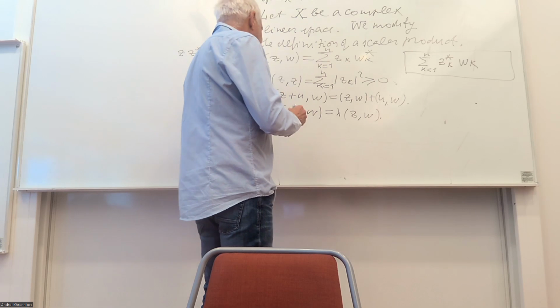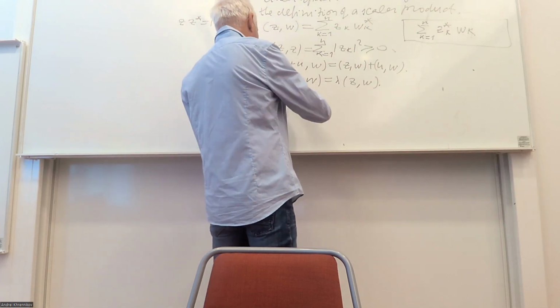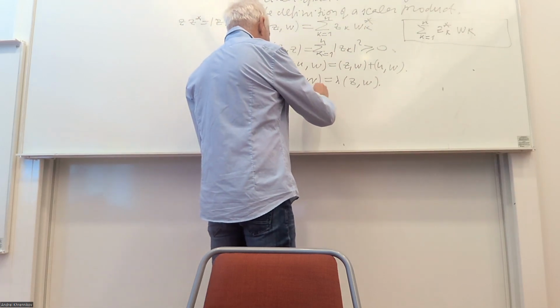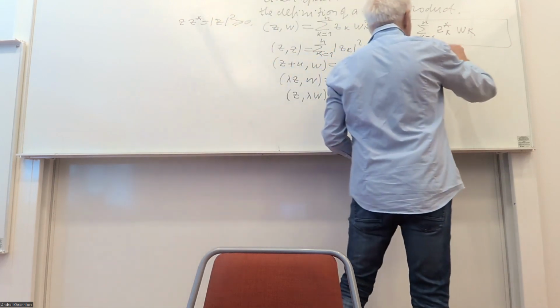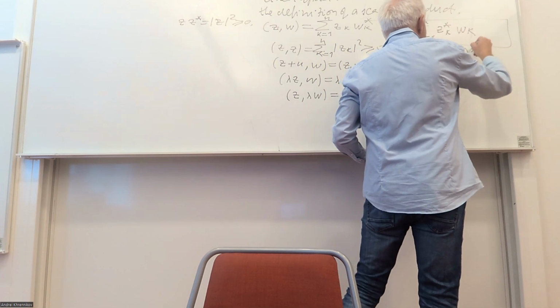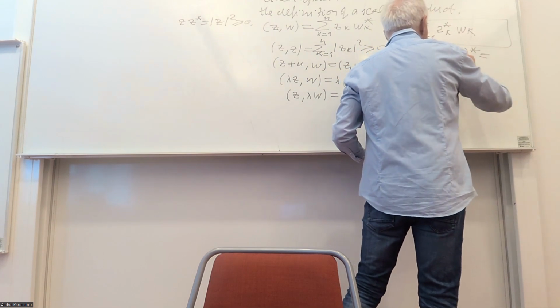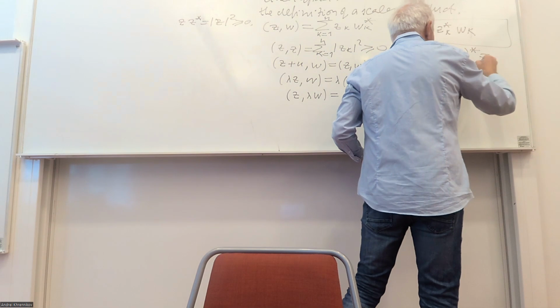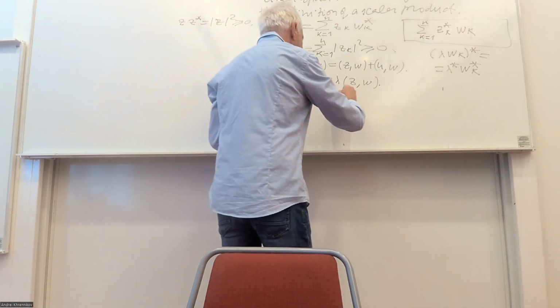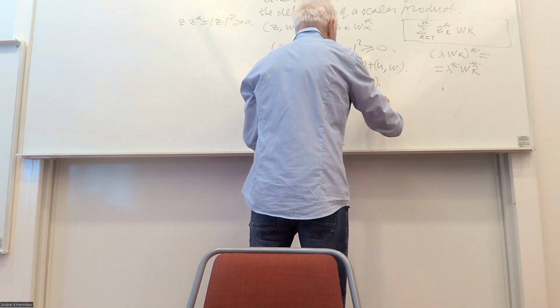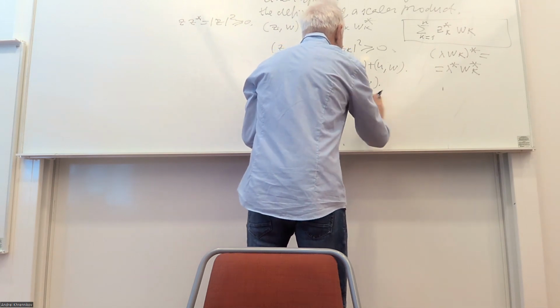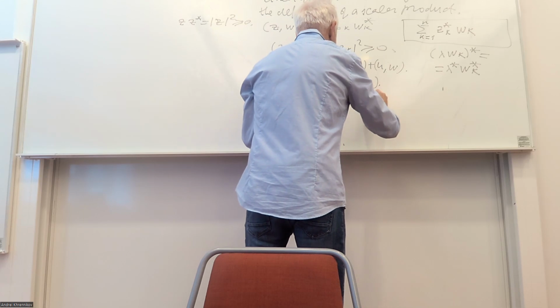But now let us put lambda in the second argument. (z, lambda w). If you put lambda, it would be lambda w_k star, which equals lambda star w_k star. So lambda goes out as a conjugate, (z, w).